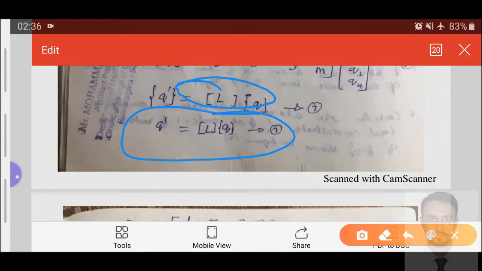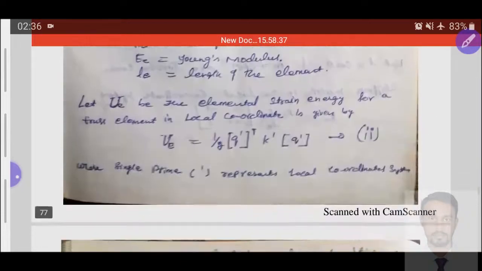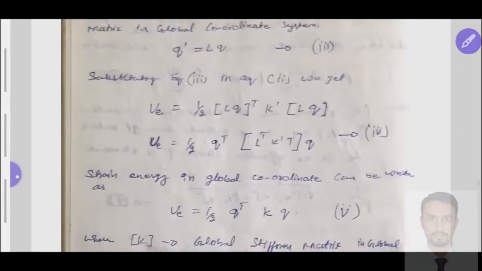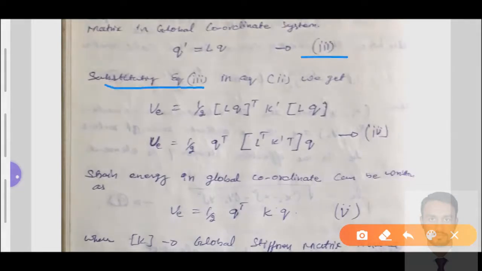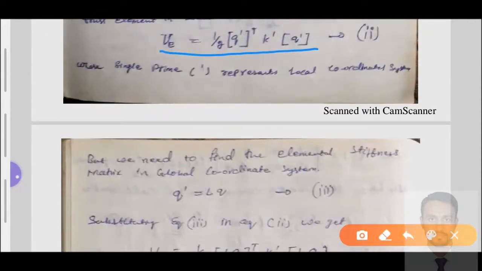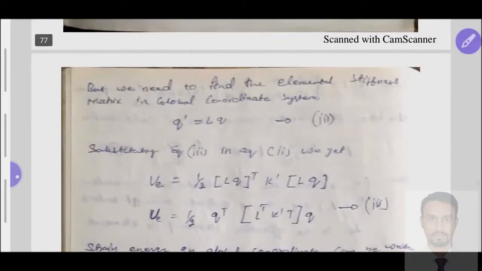We know that the local coordinate displacement is equal to the transformation matrix into the global coordinate displacement. In the previous derivation, substituting equation number 3 in equation number 2, where equation number 2 is the strain energy of the element, we need to substitute the value of this q dash.